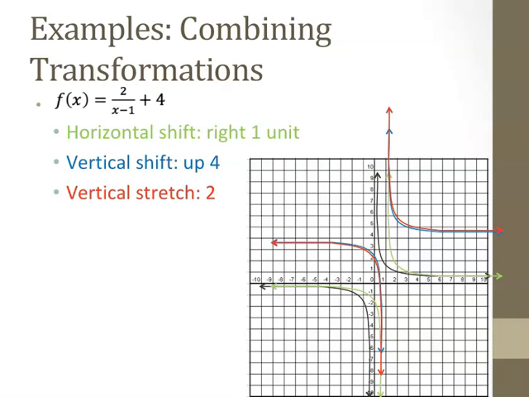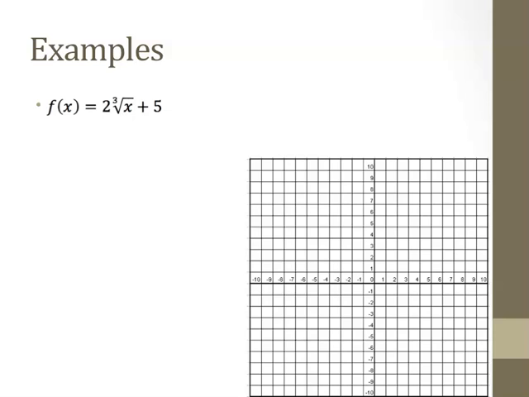All right, our last example, we have f of x equals 2 times the cube root of x plus 5. So in this we have, here's our graph of the parent function. And first we have the 2 multiplying the cube root function.